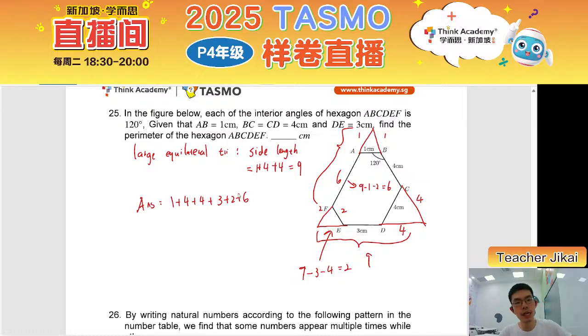So, what is the answer? Let me have a check. Yes, it is 20. So the answer here is 20 centimeters.